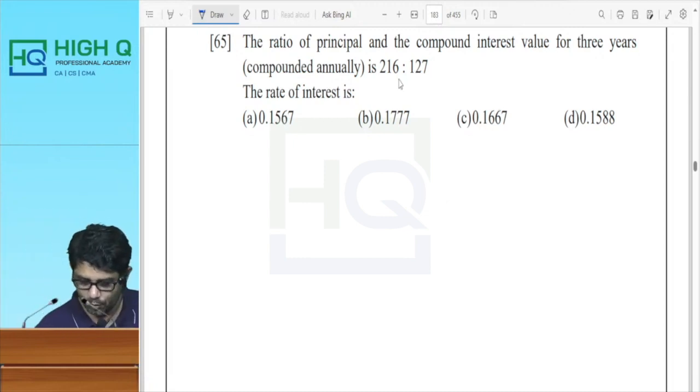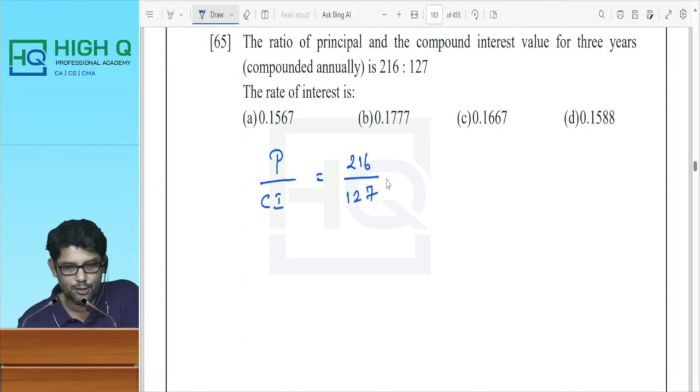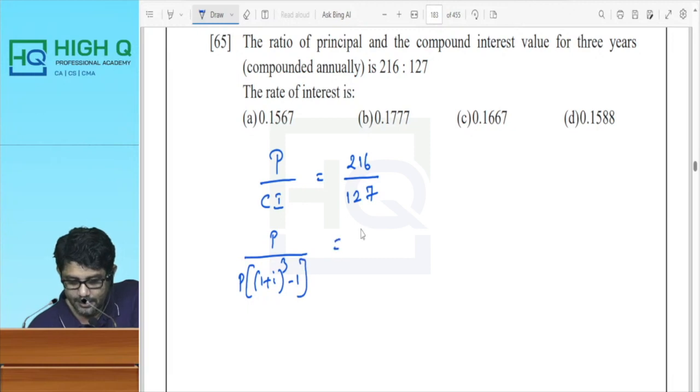Yes. Let me do it. What is given? Principal divided by compound interest is equal to 216 divided by 127. Am I right, my dear? Yes. What is the formula for compound interest? P into (1 plus I) whole power 3 minus 1 is equal to 216 divided by 127.